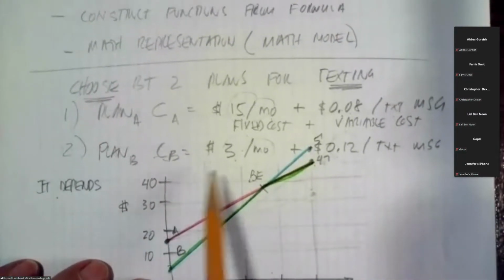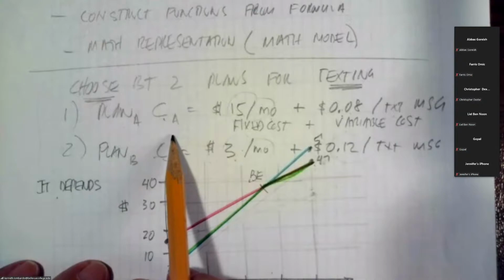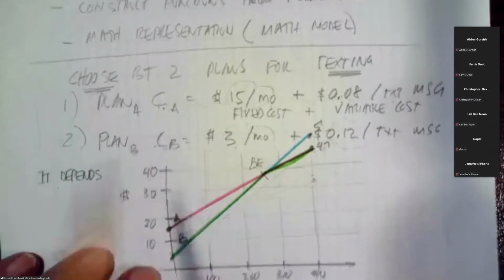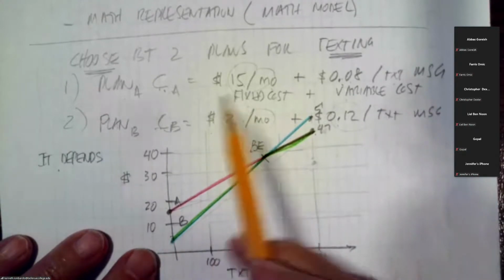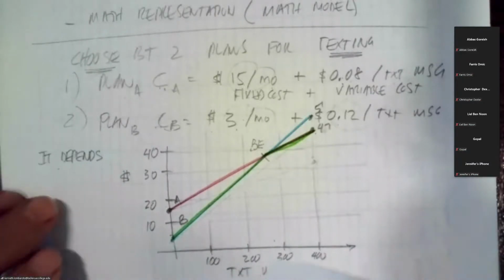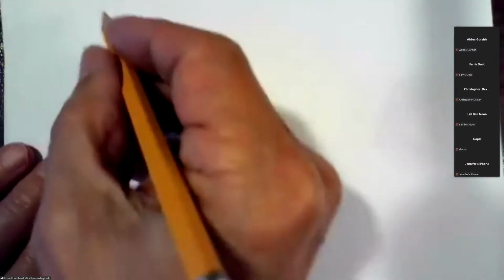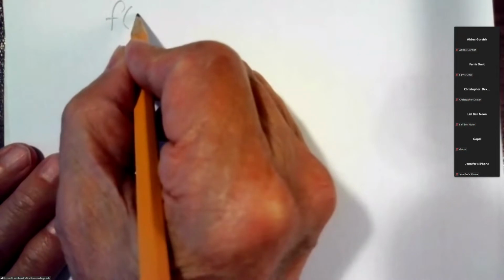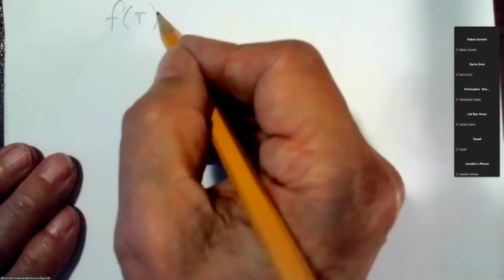Let's see what we did here. So I have two functions, function A and function B. And these functions, let's pretend like I don't give you a paragraph of what we're talking about. I just give you two functions and I say, here's function F of T for text message.